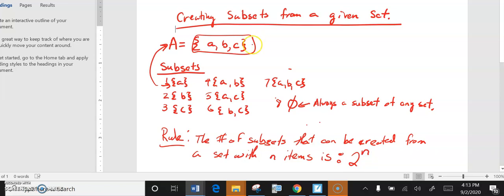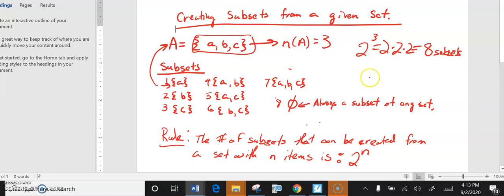So in this example right here, I know that n of A was 3. There are 3 items in there. So how many subsets could I create? 2 to the third, which is 2 times 2 times 2. So 8 subsets. Okay? So if you had a set that had 4 items in it, you would go 2 to the fourth and so on.